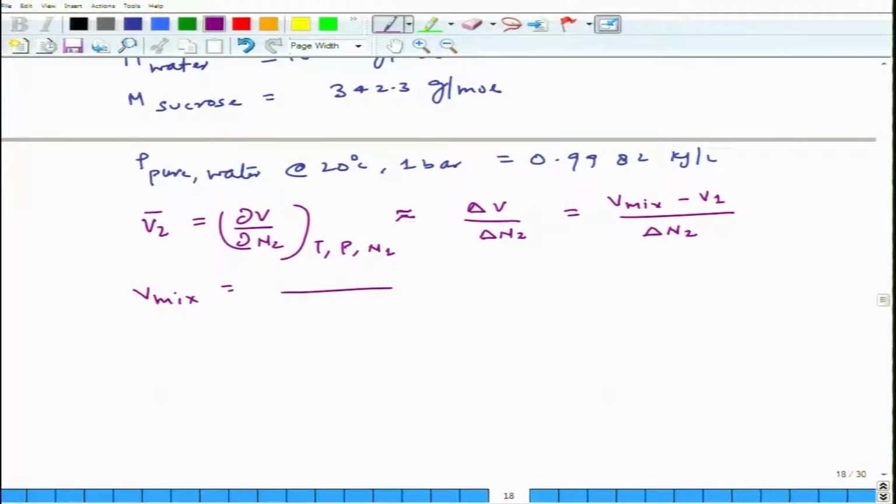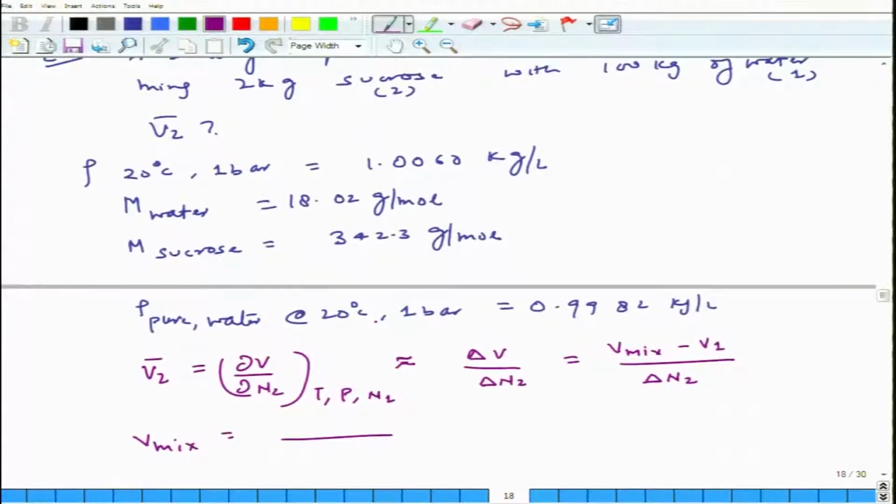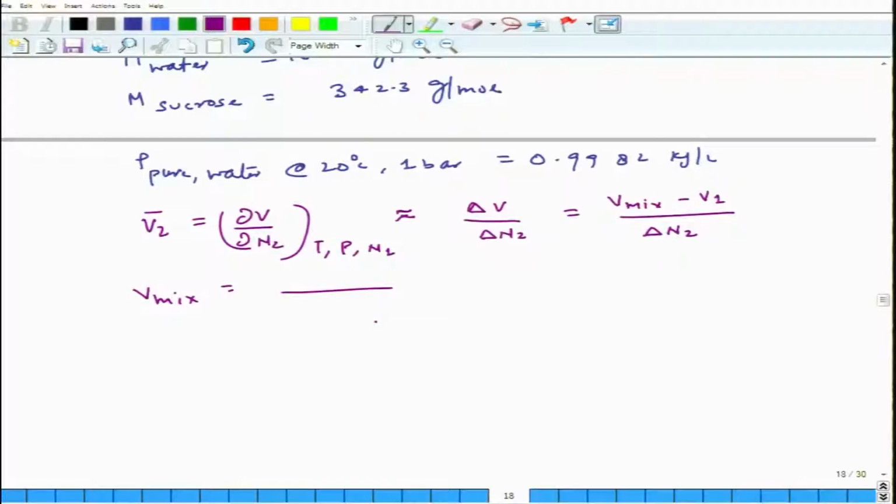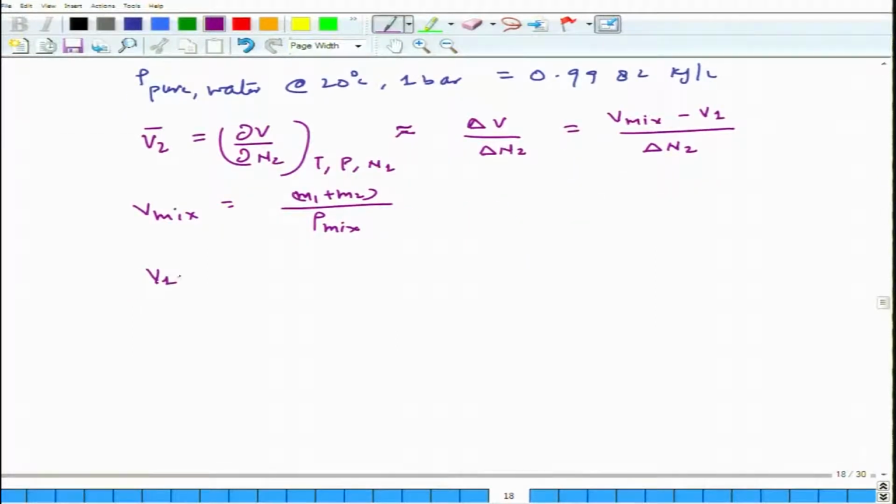How are we going to find out V mix? What are the things which are given to us? We have measured the density of the mixture and we are aware of the molecular weight of the components. So, we can make use of that. We know that volume is nothing but mass divided by density. Okay. So, this is going to be M1 plus M2 divided by rho mix. What about V1?